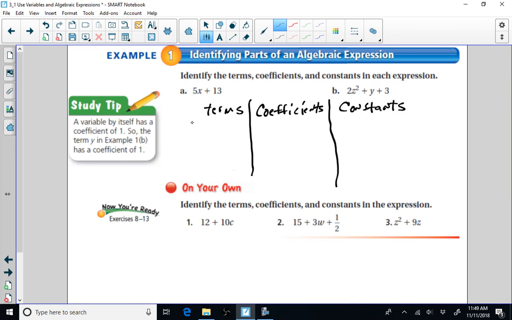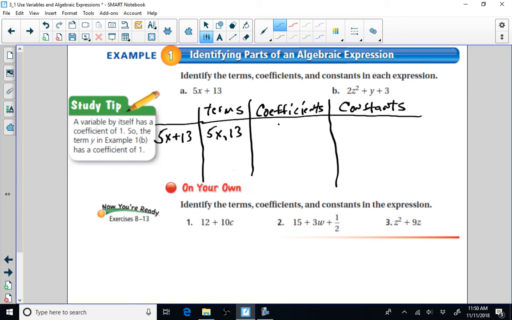We just make a little table to organize our information here. And then let's see, the first one's 5x + 13. That's my first expression. The terms are 5x, 13. Those are your terms. So it's two terms.